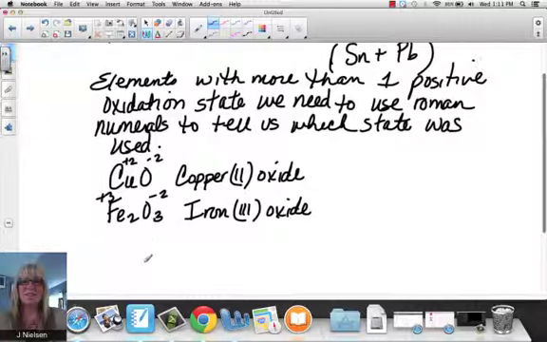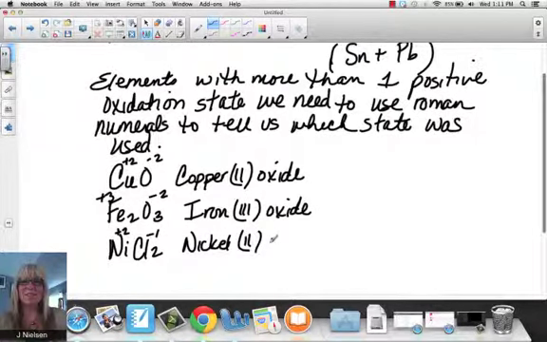If I looked at this, NiCl2, you know chlorine's -1. Nickel had to be +2, but nickel has a +2 or a +3 oxidation state. So this is nickel, Roman numeral 2, chloride.